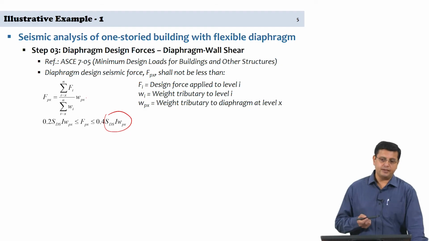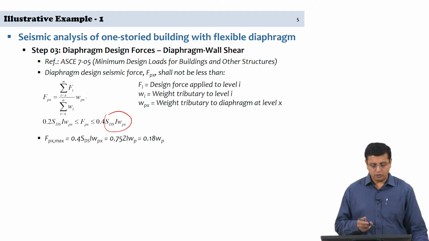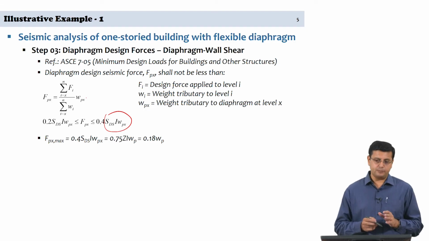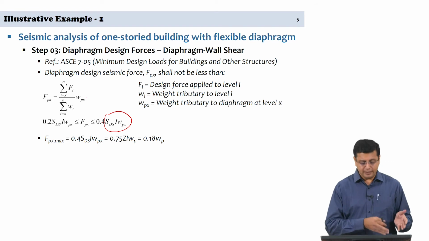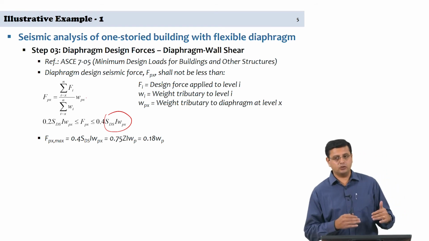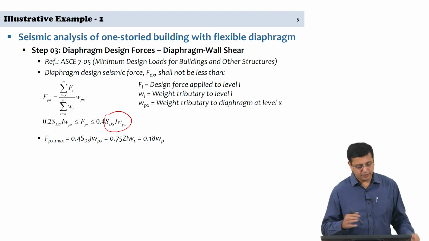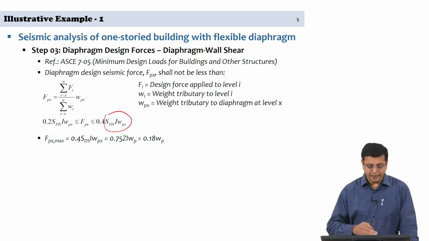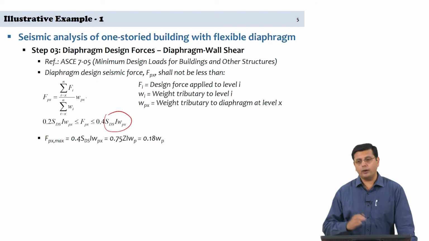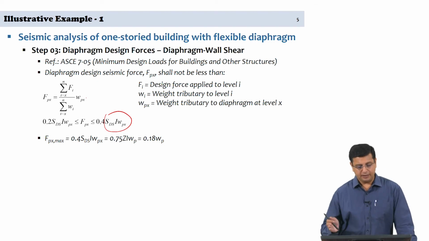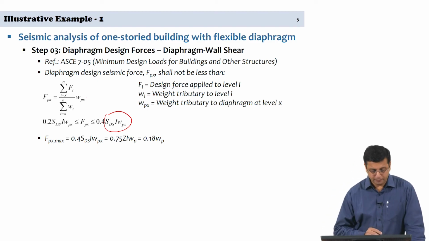corresponding estimate for the IS code, but again I would like to point out here that the spectral acceleration corresponding to a design basis earthquake and a maximum considered earthquake in the ASCE 7 is coming from a probabilistic framework, probabilistic consideration, whereas in the IS code 1893, it does not have a probabilistic basis. So, a 1-to-1 correlation is strictly speaking not possible.